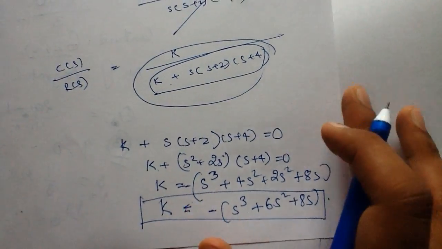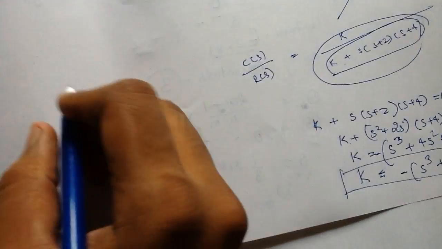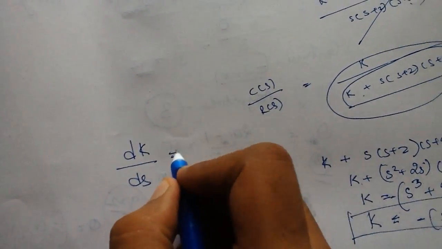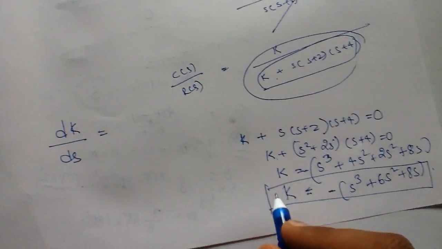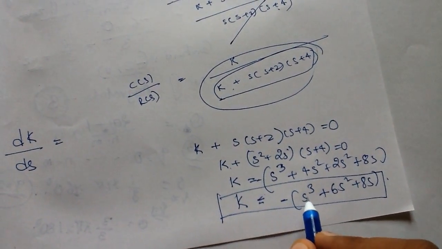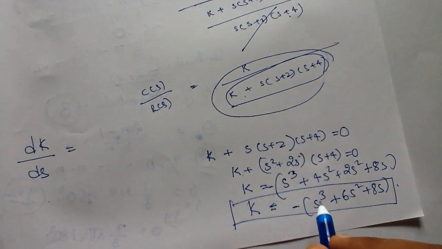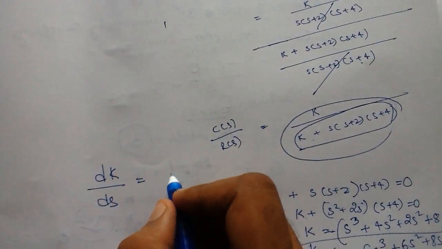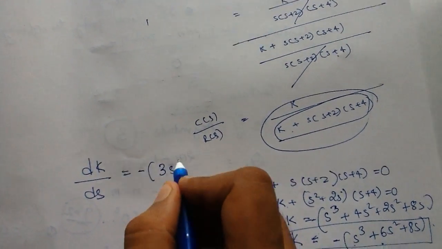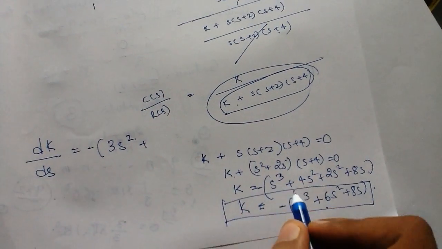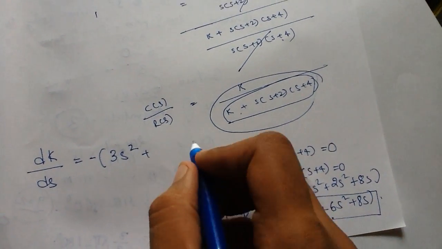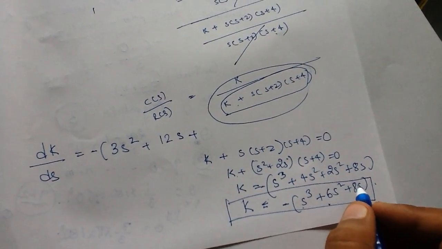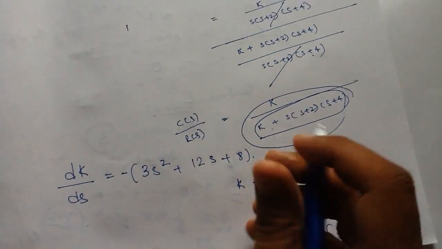To find out the breakaway points, we need to find out the roots of dk by ds. This is simple. You just have s cube plus 6s square plus 8s. So you will have 3s square plus 12s plus 8.